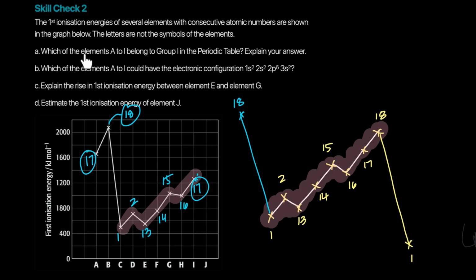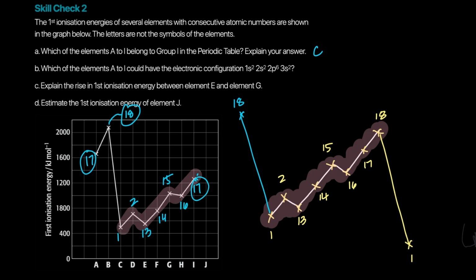So it says here, which of the elements A to I belongs to group 1? Now, once I've labeled all this, it becomes so easy to answer. So which one is that? It is C. And why? The simple explanation is that it would have the lowest ionization energy of any 8 consecutive elements.